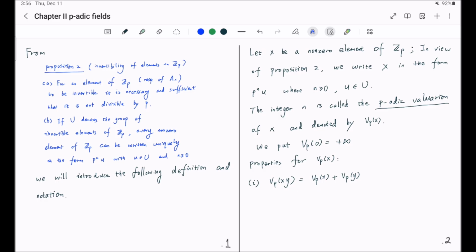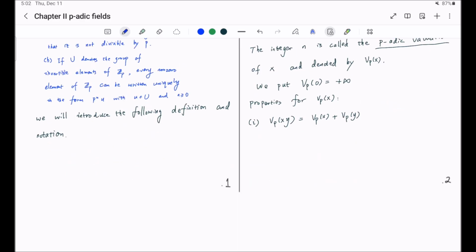This is easy to guess because the p-adic valuation takes the exponent n from this factorization for x. So you may imagine that it might behave like a logarithm function. This is easy to check. First, if x or y is equal to 0, then the left-hand side is just Vp(0), and the right-hand side is Vp(0) plus something. Then we have infinity equals infinity. So this equality is trivially true.